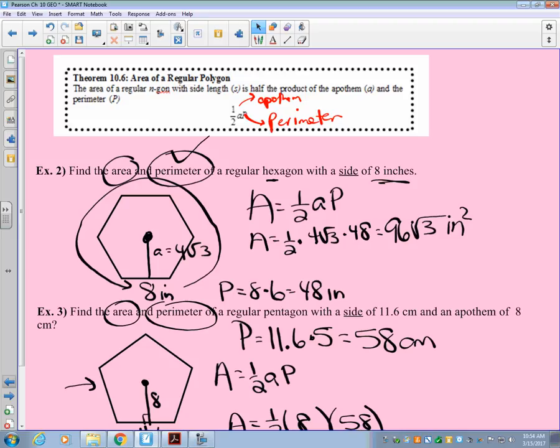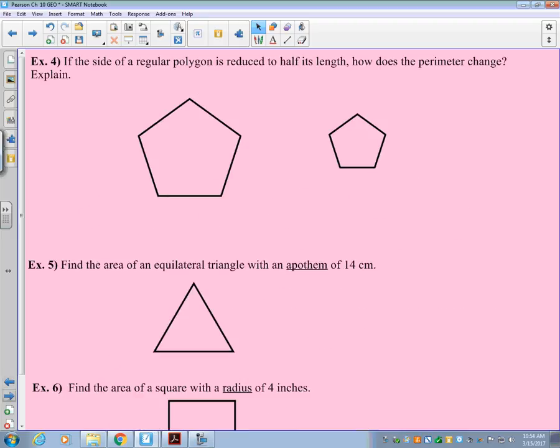The question is, if the side of a regular polygon is reduced to half its length, how does the perimeter change? Let's start with something easy. Say this pentagon has a side length of 10. What is half of 10? 5.